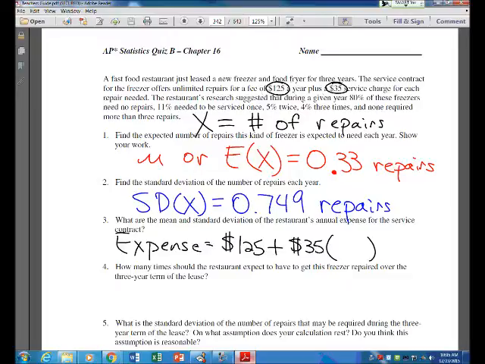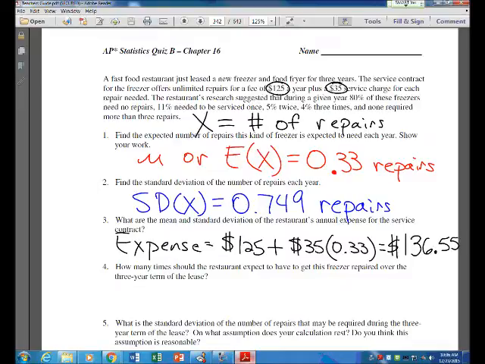It says annual expense, so each year we're going to expect 0.33 repairs. So I'm going to write 0.33 in there. You use your calculator to multiply all of that, and you get $136.55. So that is the expected annual expense, or the average or mean annual expense for this service contract.